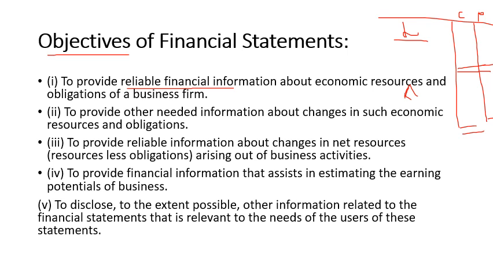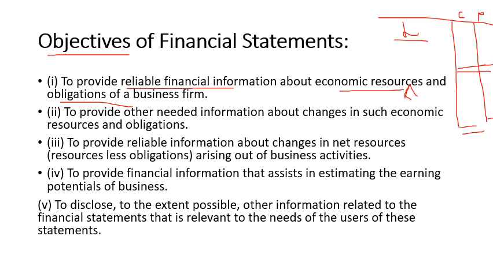Provide a true and reliable financial picture of the entity to the interested users. At the same time, regarding the economic resources such as assets, and also the obligations. So our balance sheet will be showing the actual position of the different assets and liabilities of the firm.